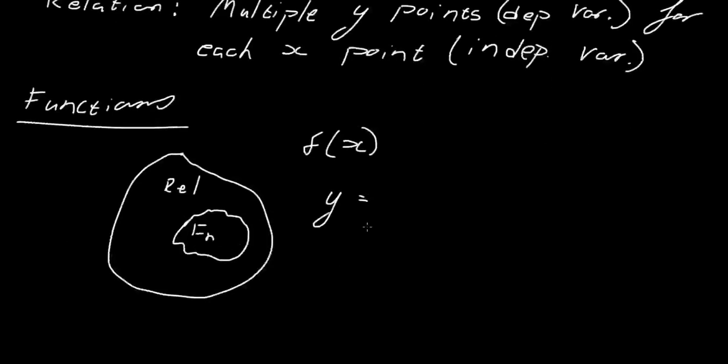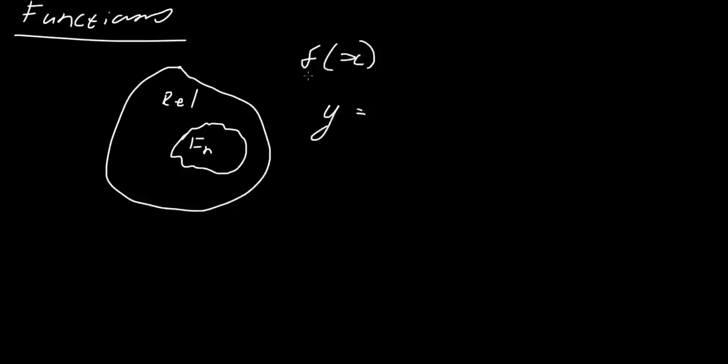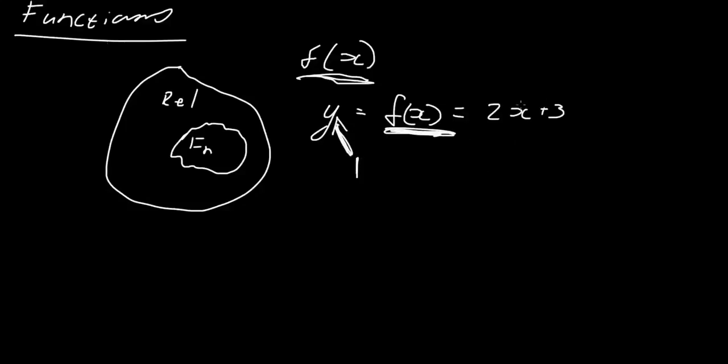Whereas for a function, the notation is f of x, but because a function is also a relation, we can write y equals f of x equals, for example, 2x plus 3. Except because it's a function, we will only ever have one y value for each x value.